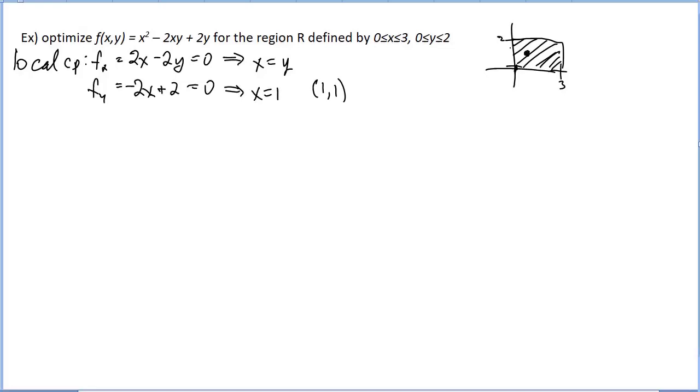Okay. Next, corner critical points. Those are pretty easy to identify once we recognize that our region is a rectangle. You get (0, 0), (0, 2), (3, 0), and (3, 2), the four corners of the rectangle.